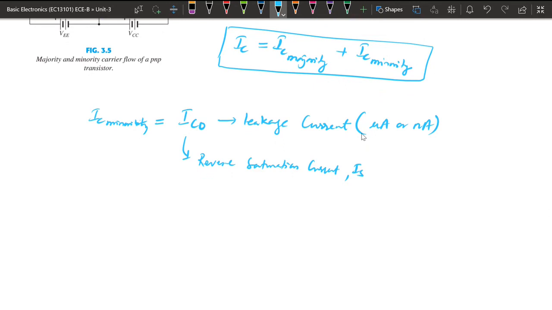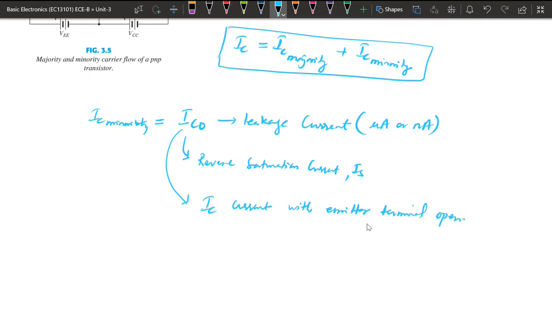It is named ICO. ICO is the collector current with the emitter terminal open.